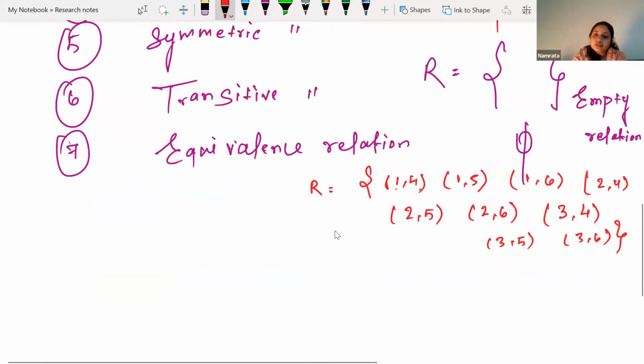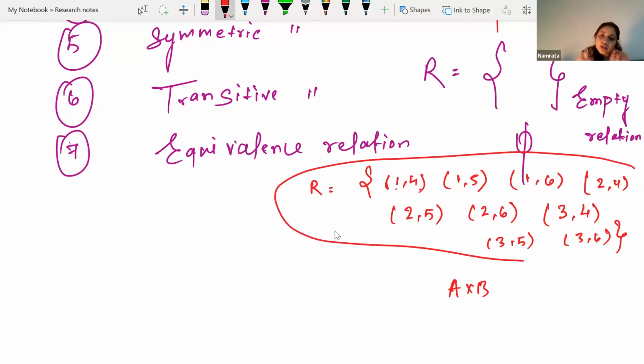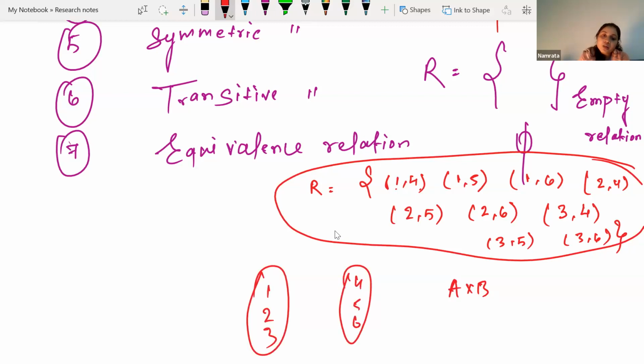And this is called the Cartesian product between A and B. Whatever we have got over here, every element is there. We had 1, 2, 3 and 4, 5, 6. All the possible arrangements are in this set: 1 with 4, 1 with 5, 1 with 6. Similarly, 2 with 4, 2 with 5, 2 with 6.